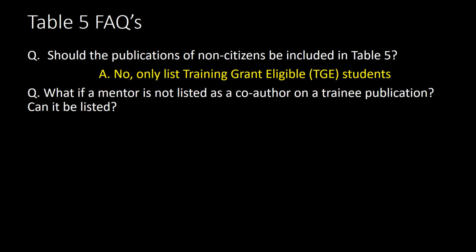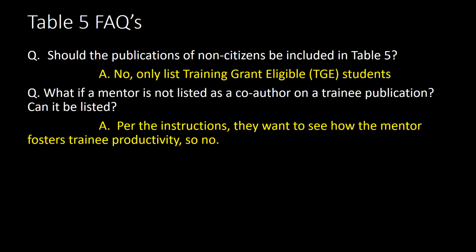I talked about this a little bit. If a mentor is not listed as a co-author on a training publication, can it be listed? The instructions say if the mentor is not listed, you should not be putting them on there.